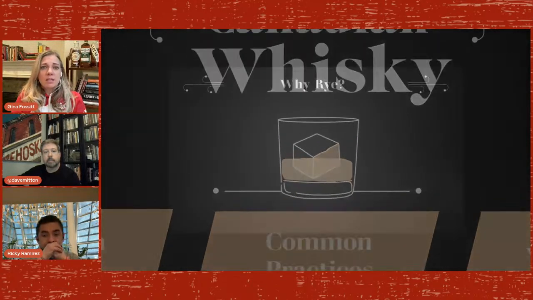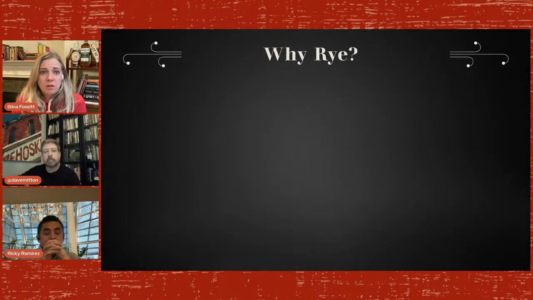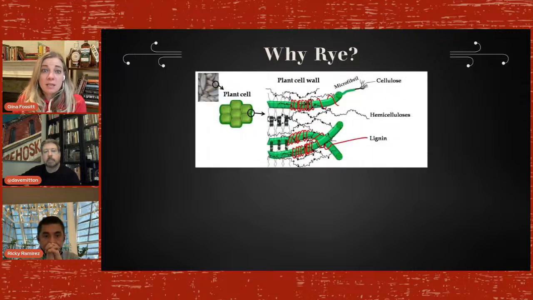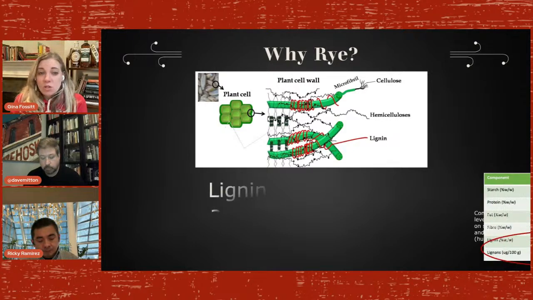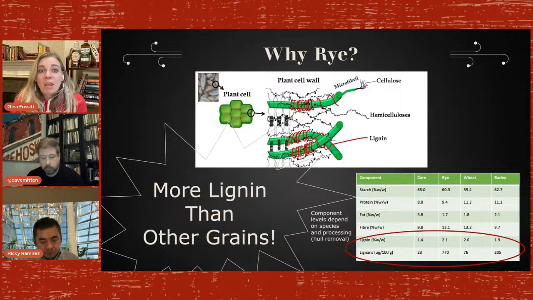Okay, so why rye? Let's look at rye very specifically. This is plant fiber, and you see the cellulose, hemicellulose, lignin. We talked about this with maturation in the wood, because wood is a plant fiber, right? Made up of the same stuff. So there's your plant fiber. Rye has more lignin than any of the other grains.